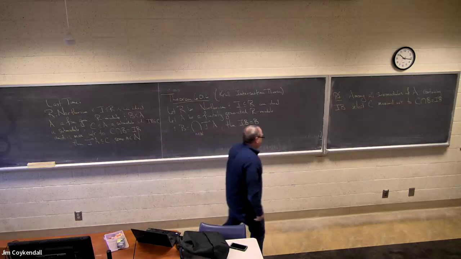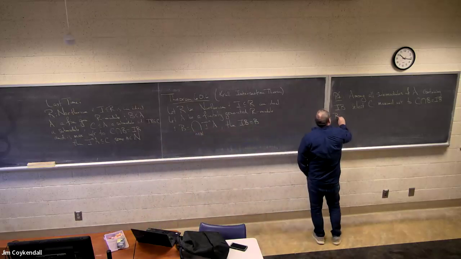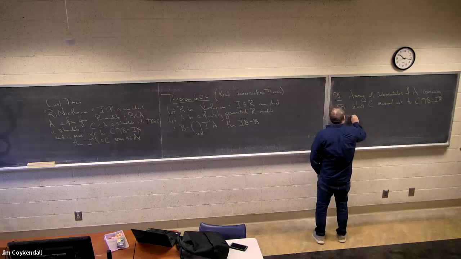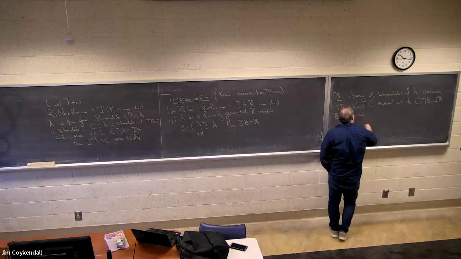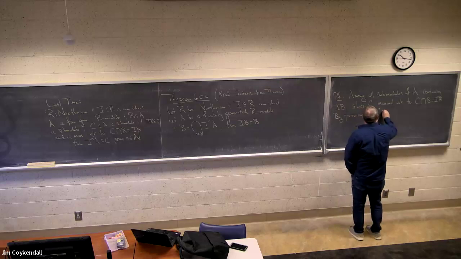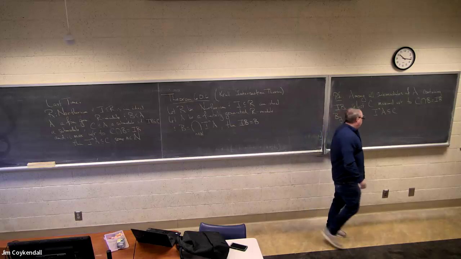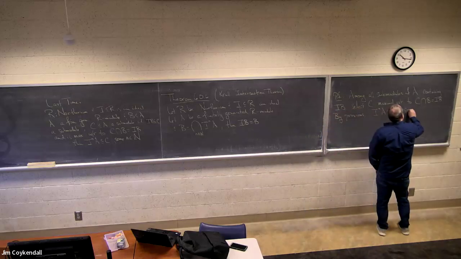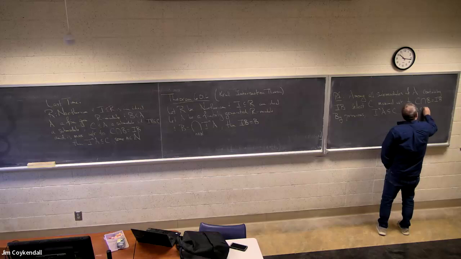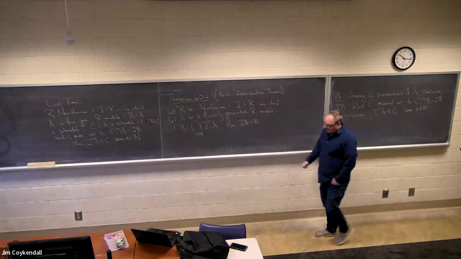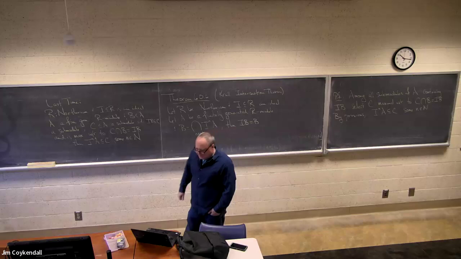So by the previous theorem, I^n A is in C for some n in the natural numbers, applying the previous result that we did last time.